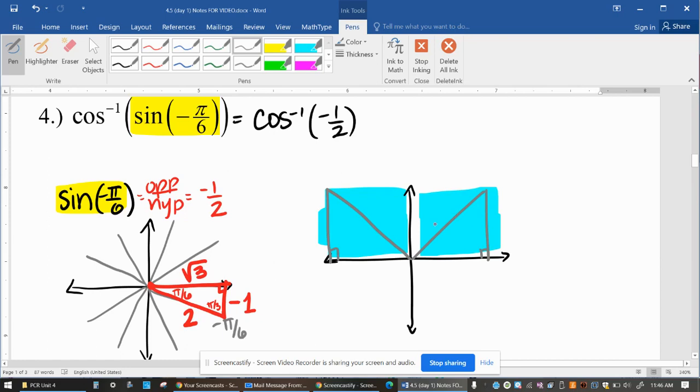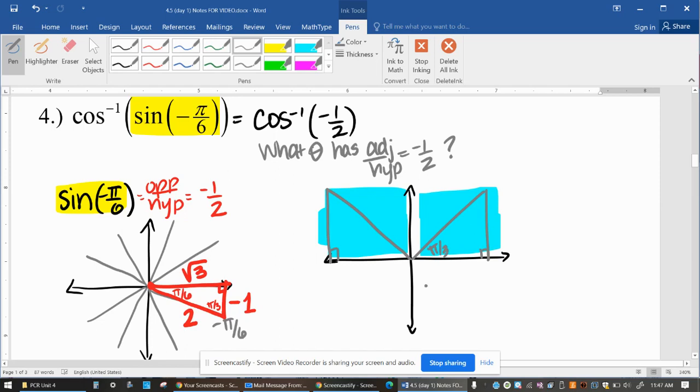Okay, so which angle has adjacent, so what angle has cosine, which is adjacent over hypotenuse, that equals negative a half? Is it 30 degrees, 60 degrees, or 45 degrees? Okay, the correct answer is 60 degrees, which would be pi over 3.